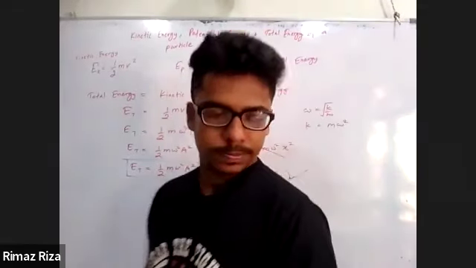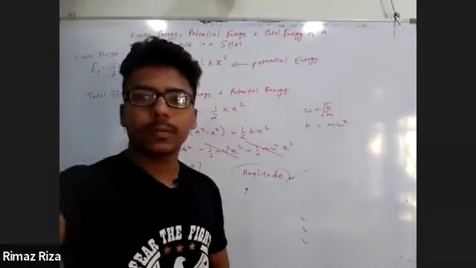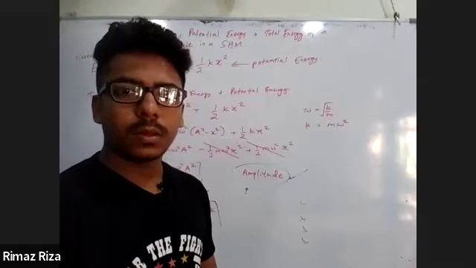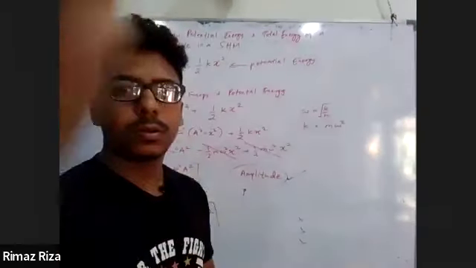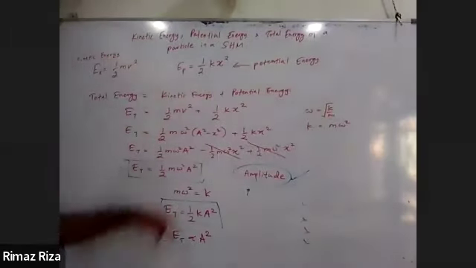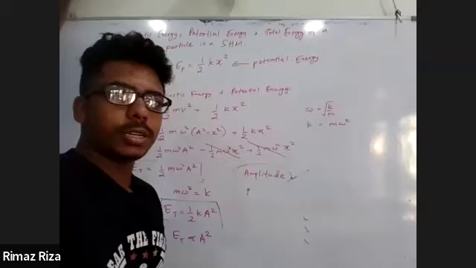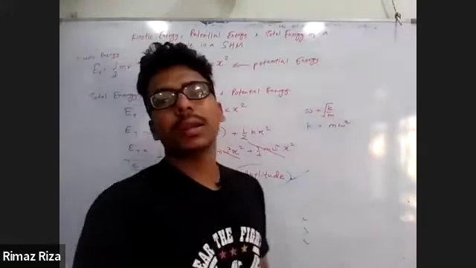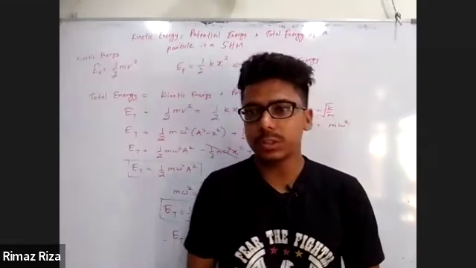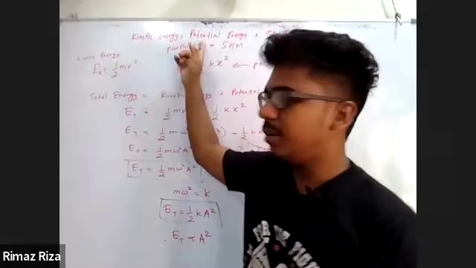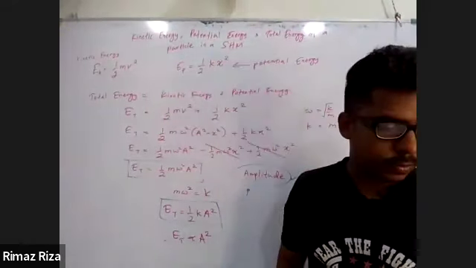So write down the subtopic: variation of kinetic energy, potential energy and total energy of a particle in simple harmonic motion with its displacement.